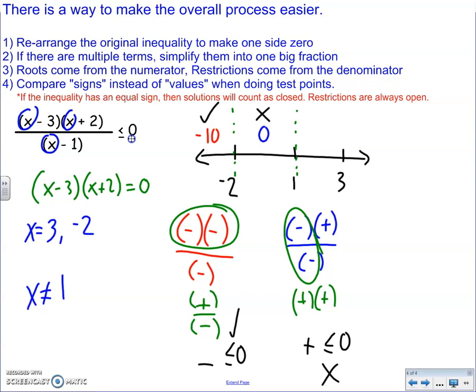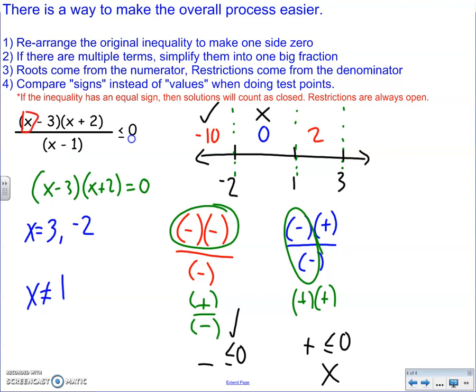Then I'll try something over here. Let's try 1,000. Oh, there's 4 sections. Oops. All right. We have to try something between 1 and 3. So let's try positive 2. If I try positive 2 for all the x's, let's see.